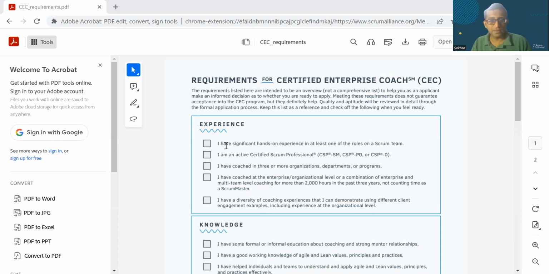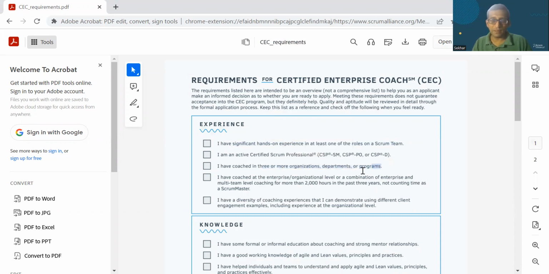you should have significant hands-on experience in at least one of the roles in a Scrum team, and you should be an active CSP. It could be Scrum Master, Product Owner, or developer. And you have coached in 3 or more organizations, departments, or programs.